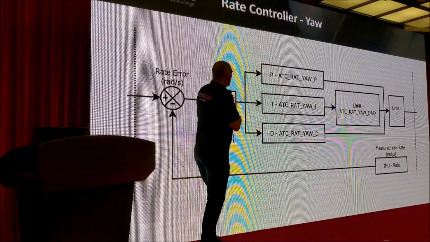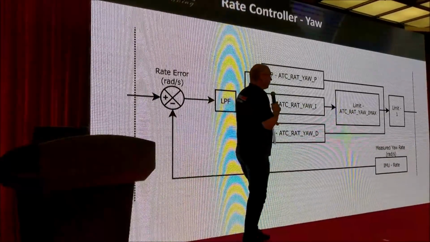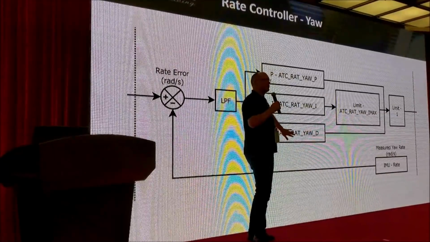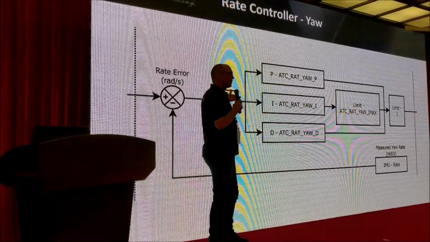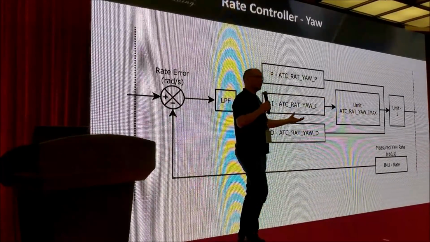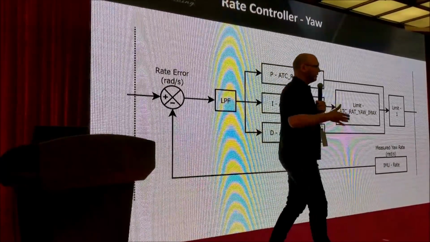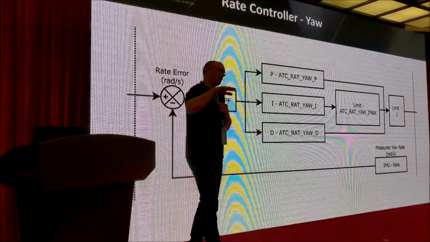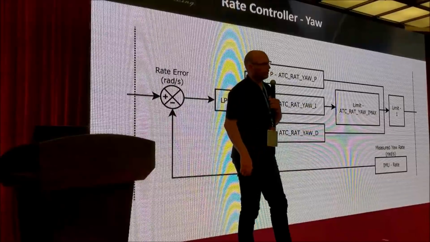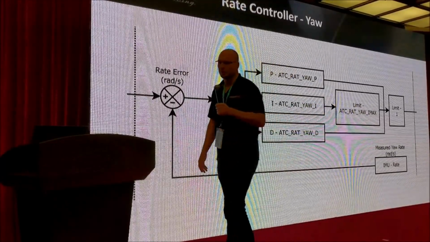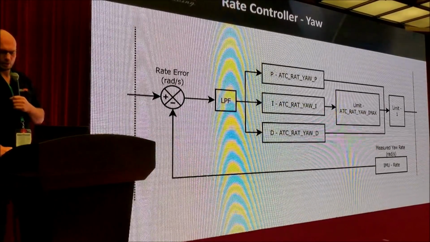So in yaw, the frequency of this filter does the same job as the D term for roll and pitch. By increasing this filter frequency, we are effectively increasing the D term response of our system. And this is why our yaw is so much sharper and has so much more control than you'll see on most other autopilots. Although I think people are starting to work this out now, we're starting to see it creep in.